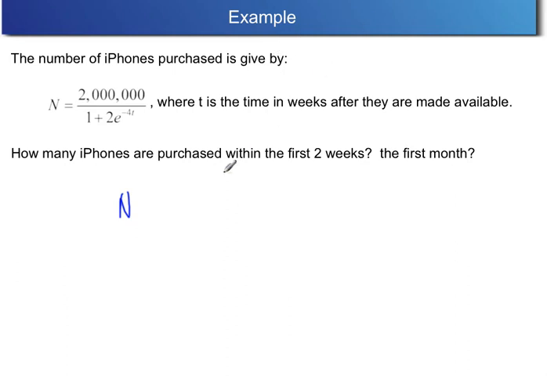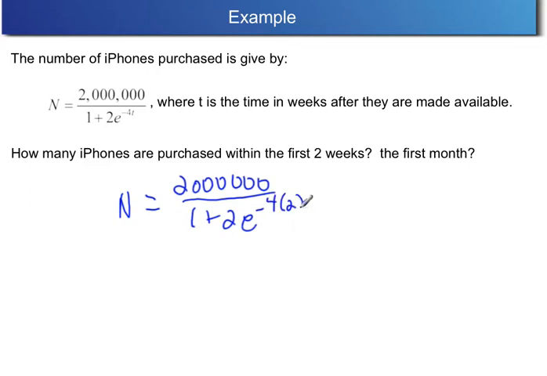That is equal to 2 million all over 1 plus 2e to the minus 4 times 2. Again, it's really important to make sure that you have your units right. Time in weeks, 2 weeks. Okay?